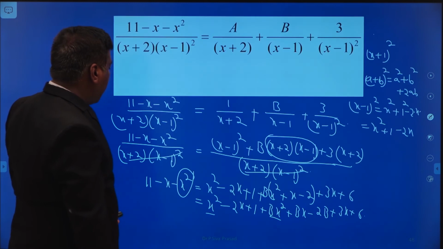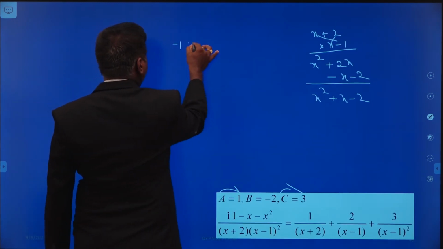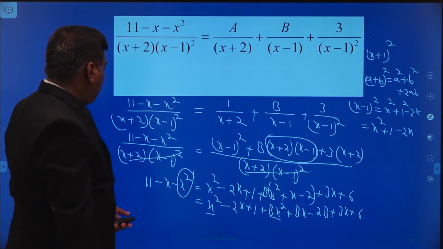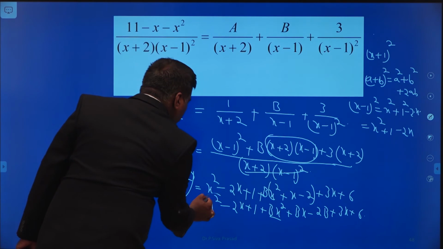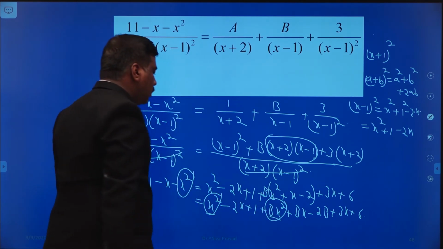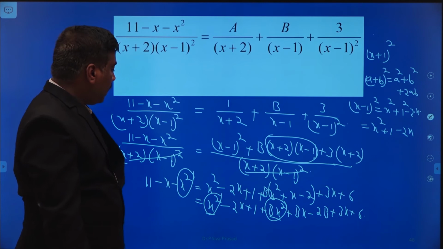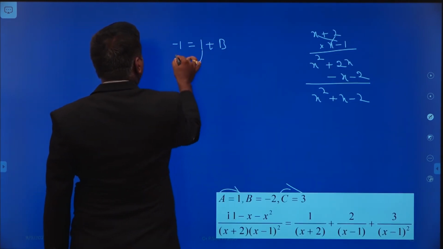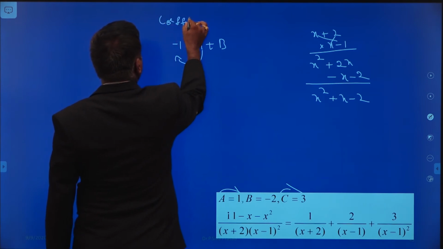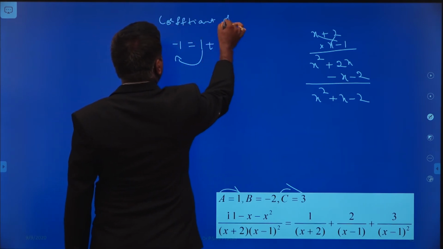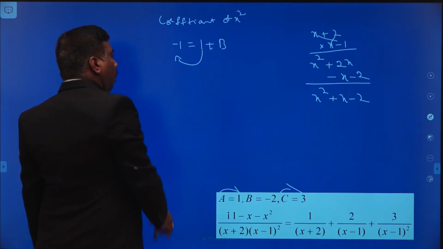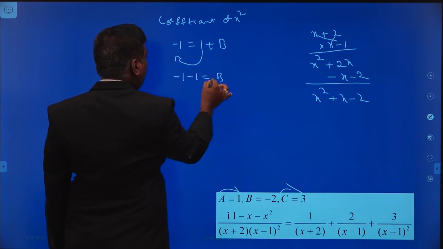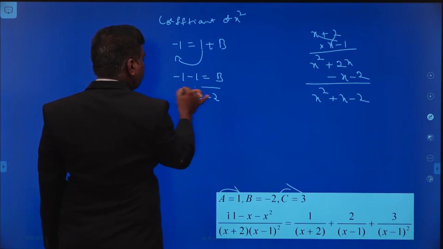Therefore minus 1 is equal to, on the right hand side, from this term and this term, taking x² common, we get 1 plus B, which is the coefficient of x². Then I bring this 1 to the left hand side: minus 1 − 1 is equal to B, then B value is equal to minus 2.